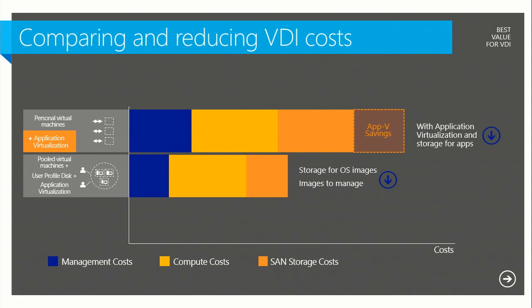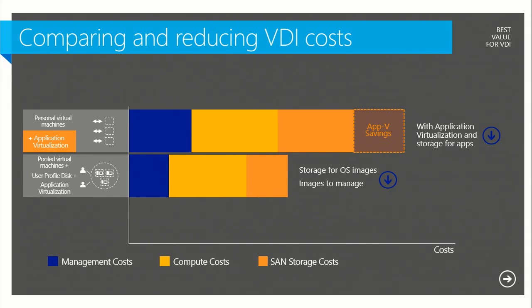Now my management costs have gone down because I only have to patch one image. My storage costs go down a lot again. Why? Because instead of having 40 gig times 100 virtual machines worth of storage, I have 40 gig for the master image and then like a 1 or 2 gig child file that basically has domain membership information for each of those additional machines. So huge reduction in the storage costs.